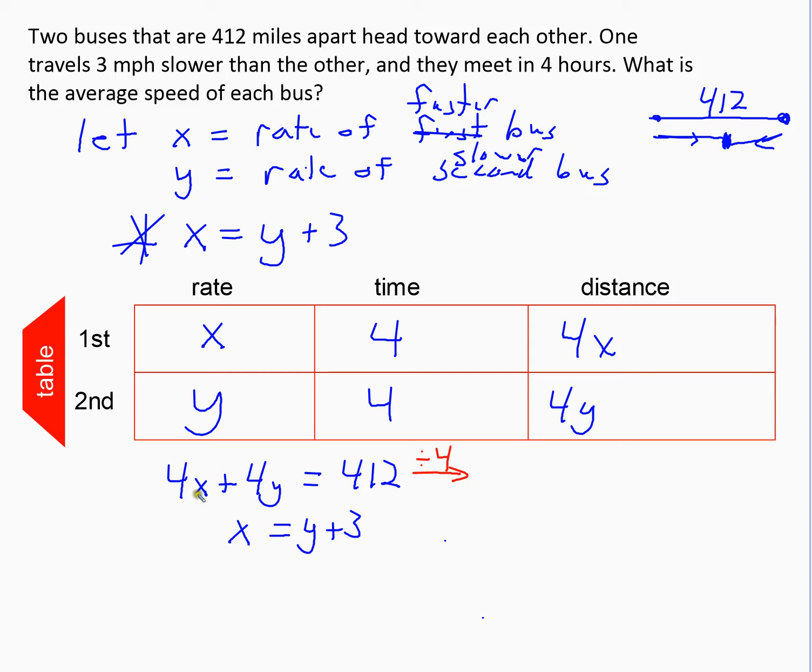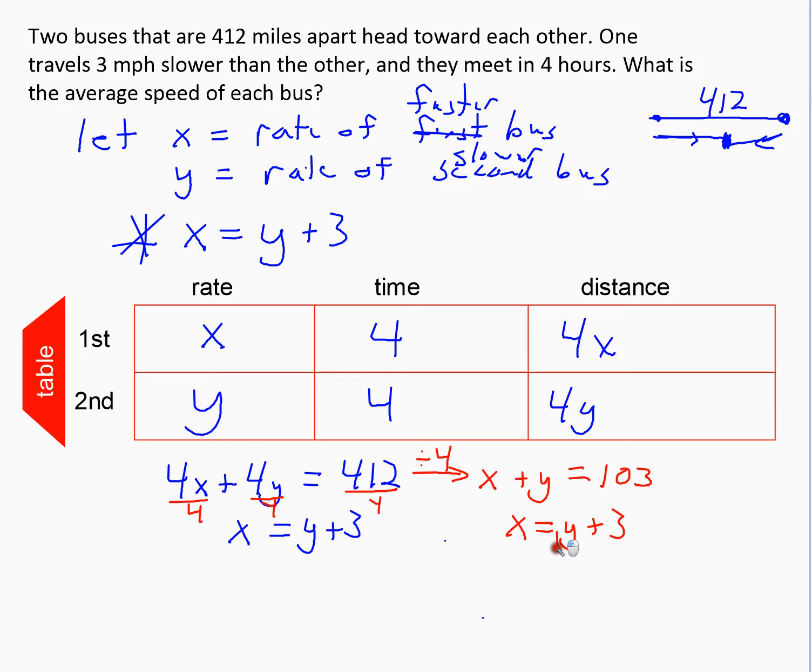So dividing both sides by 4 is really dividing each term by 4. So this is really x plus y, and 4 into 412 would go 103 times. And then we have x equals y plus 3. And we'll go ahead and use substitution here, which we learned in a previous lesson.